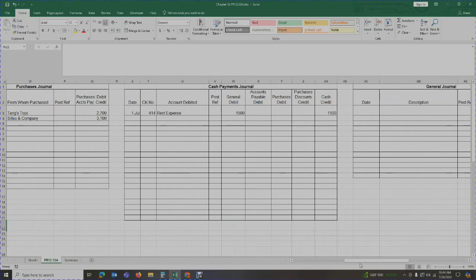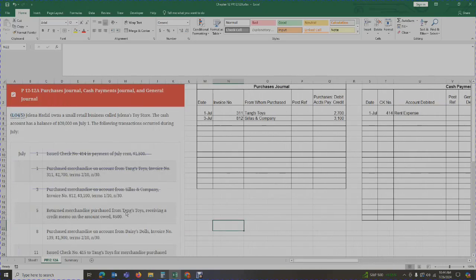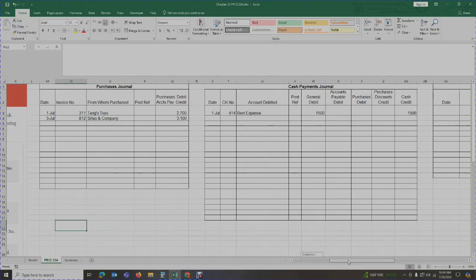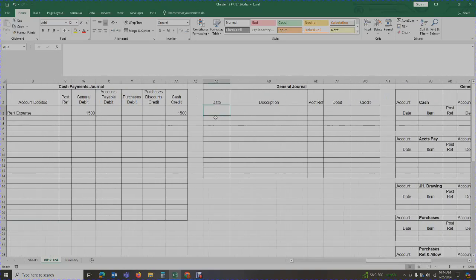Return merchandise does not affect cash payments because this purchase was originally made on account, so there is no cash to be refunded. We're going to give them a credit. So if it doesn't apply to the purchases journal or cash payments journal, we're going to record the transaction in our general journal. This is happening on July the 5th.